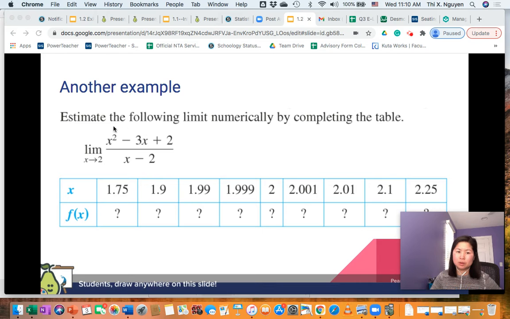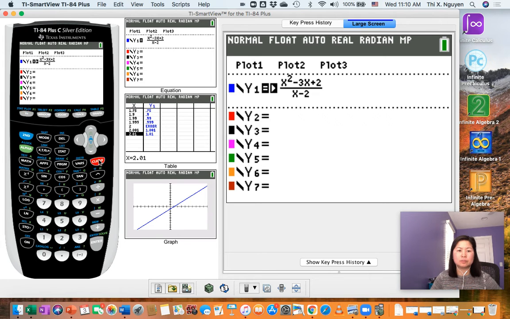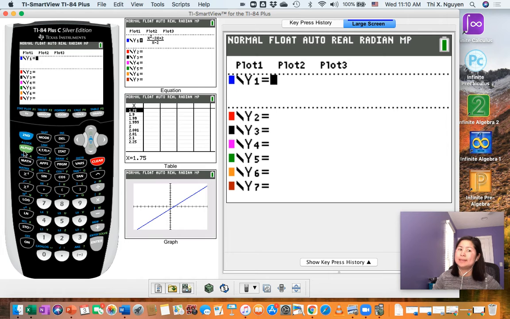So step number 1, we're going to enter this function. I'm not going to type in "limit." I'm just typing x squared minus 3x plus 2 over x minus 2 in the calculator. I will go to where it says Y equals. If you have a fancy calculator, the TI-84 Plus color, we can do the fraction and it will do it for you.